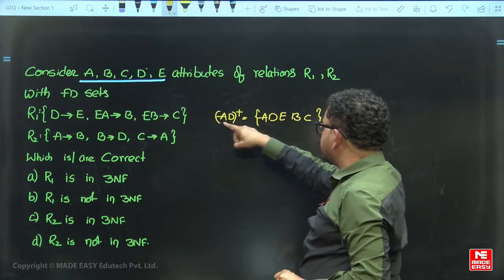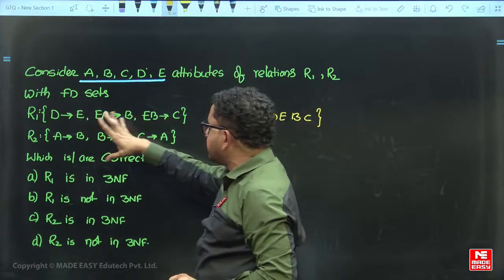So AD is the candidate key, and there are no other candidate keys in the relation.